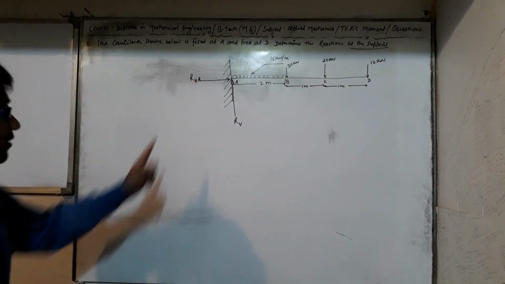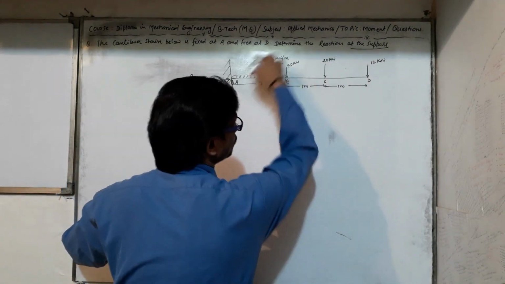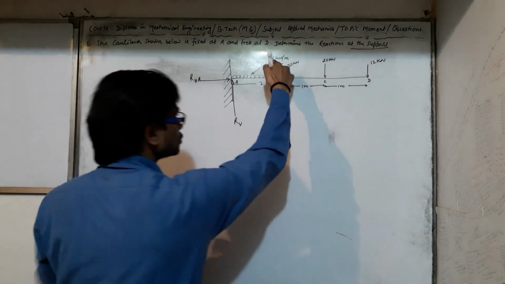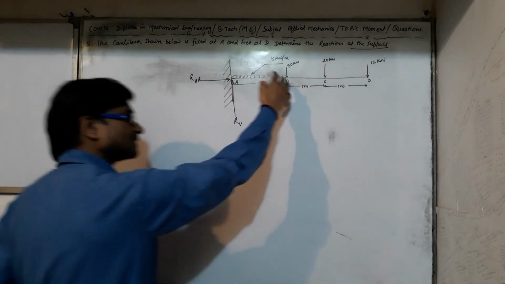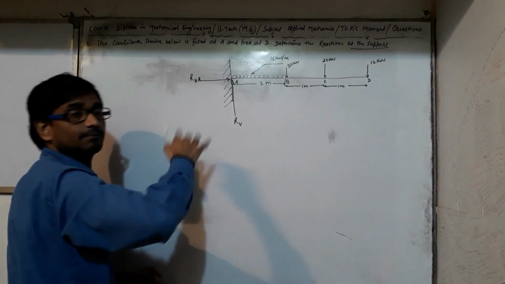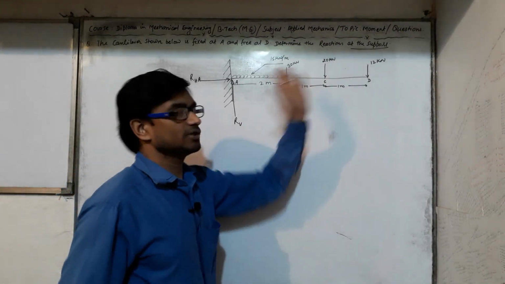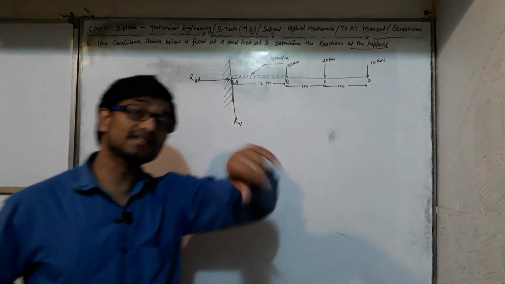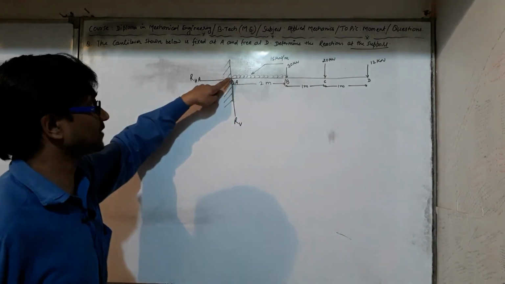Now one thing, due to this type of load, the beam has a tendency to move in the clockwise direction, but the beam is not moving even though several types of load are applied. It means what? One reaction moment is acting on this beam at this fixed point.